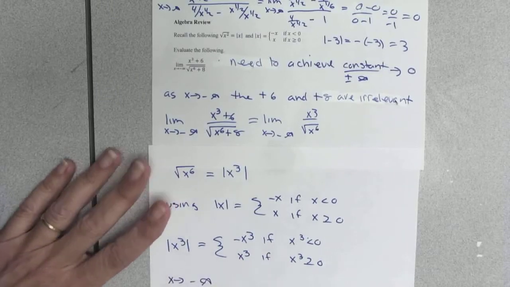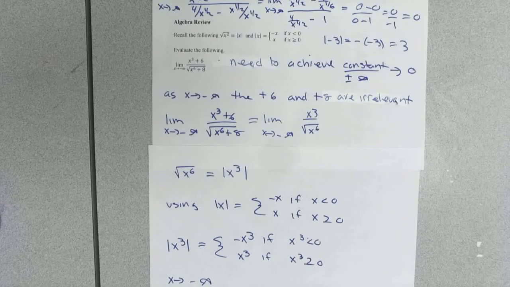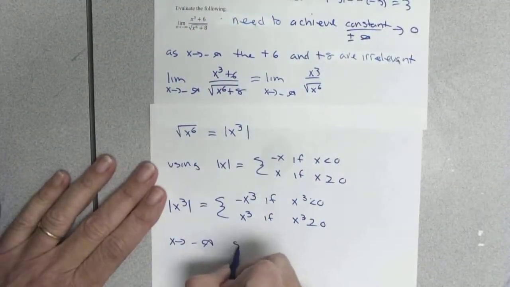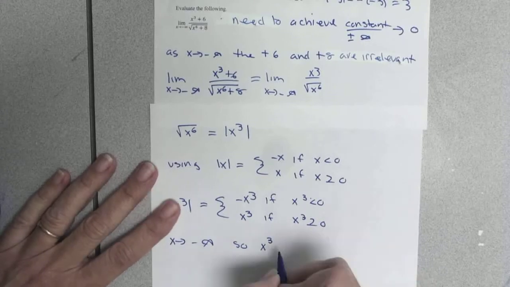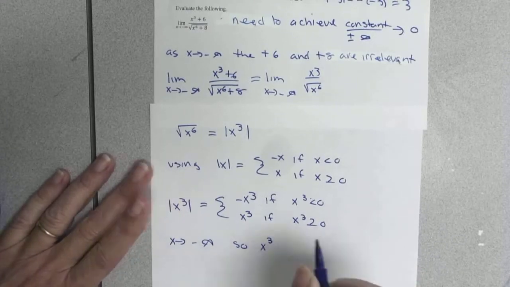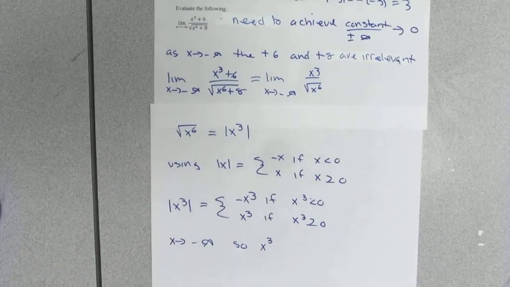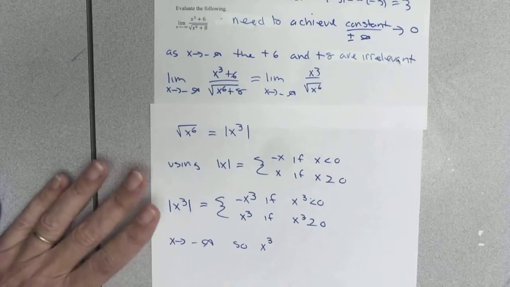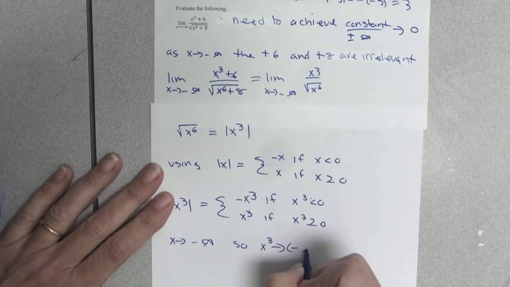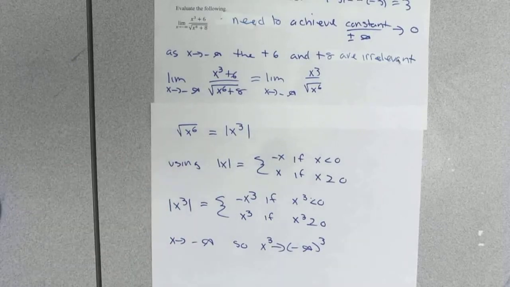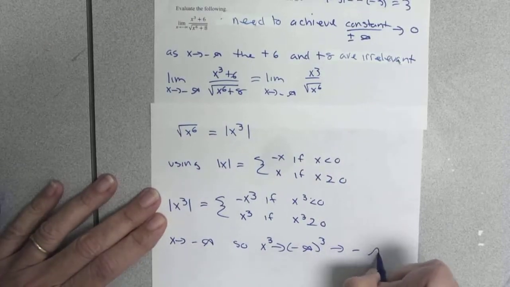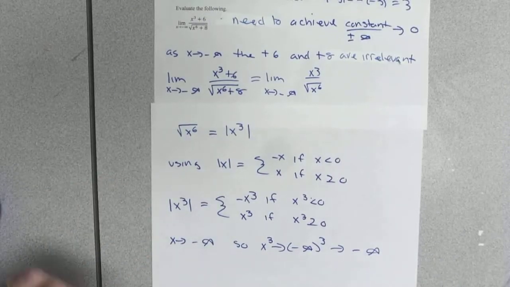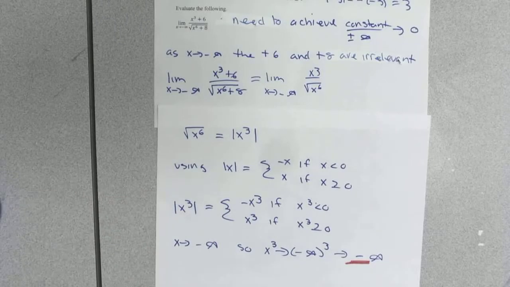x approaches negative infinity in this problem. So that means x cubed, and we're going to really abuse notation here, is negative infinity cubed. Well, when I cube any negative number, that's going to be negative.